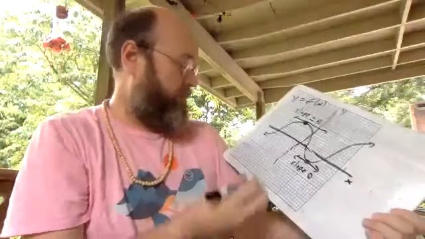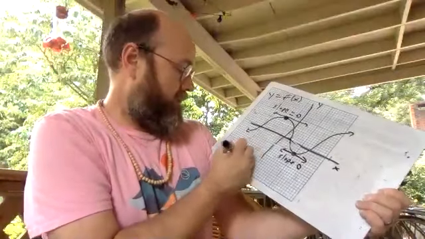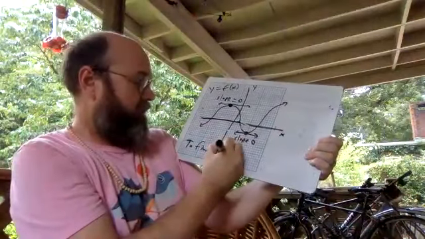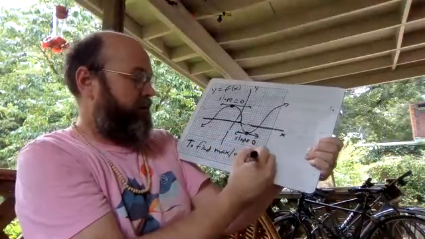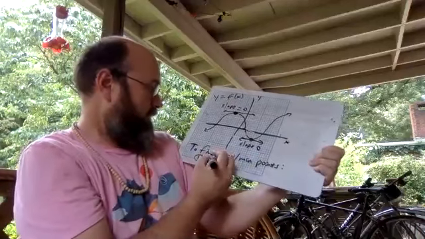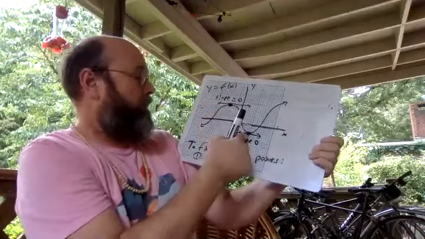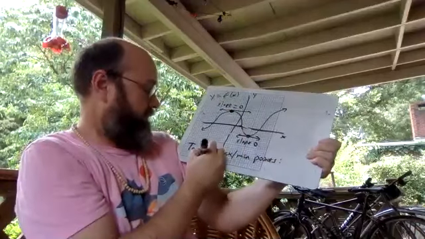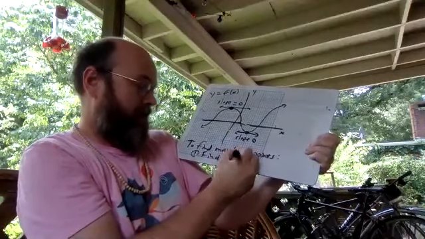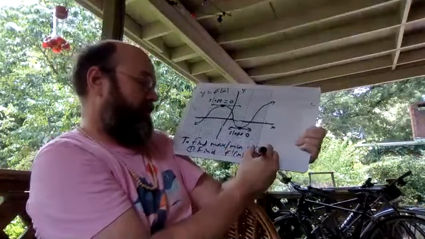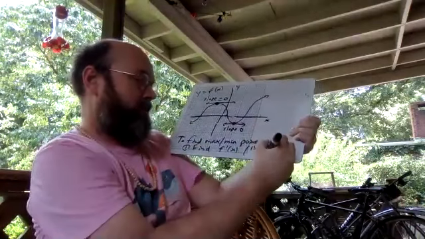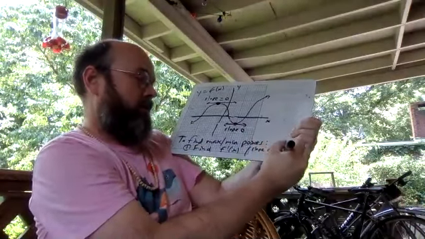And so, to find these maximum or minimum points, well, step one, you have to find the slope of the function, find f prime of x, the derivative. That is the slope at all points along the curve.